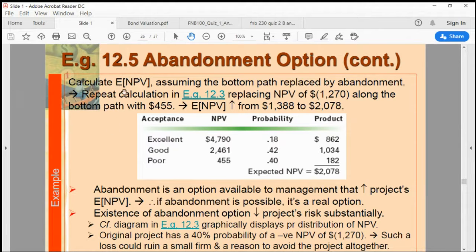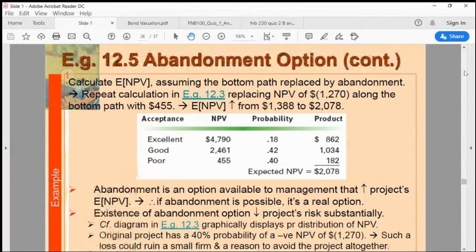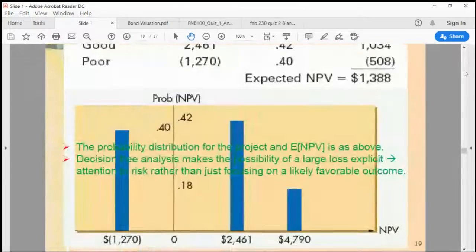So we recalculate the expected NPV, assuming the bottom path is replaced by abandonment, right? Okay, let's go back to the original example.